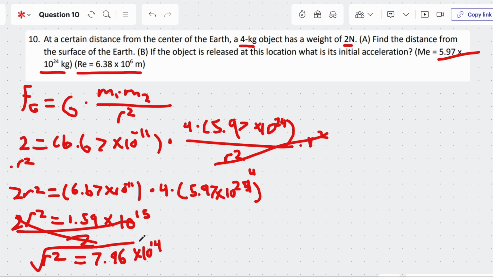Awesome. Then we square root both sides. We end up with r equals square root of that last number we had. Yikes, that's rough.